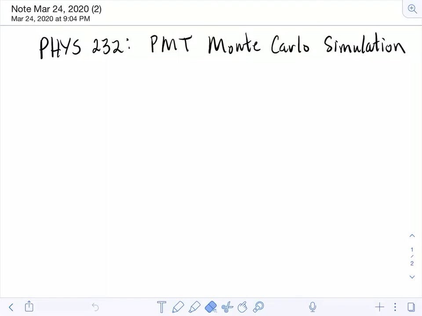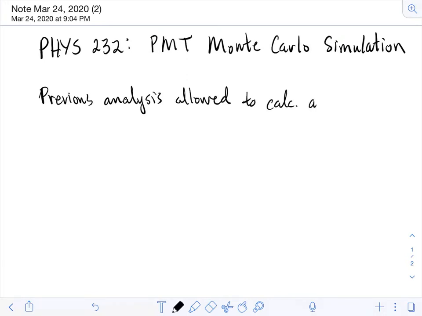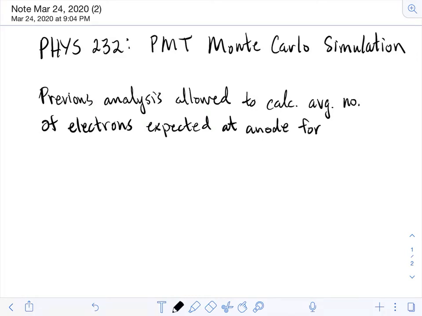So the previous analysis allowed us to calculate the average number of electrons expected at the anode for a given number of incoming photons.